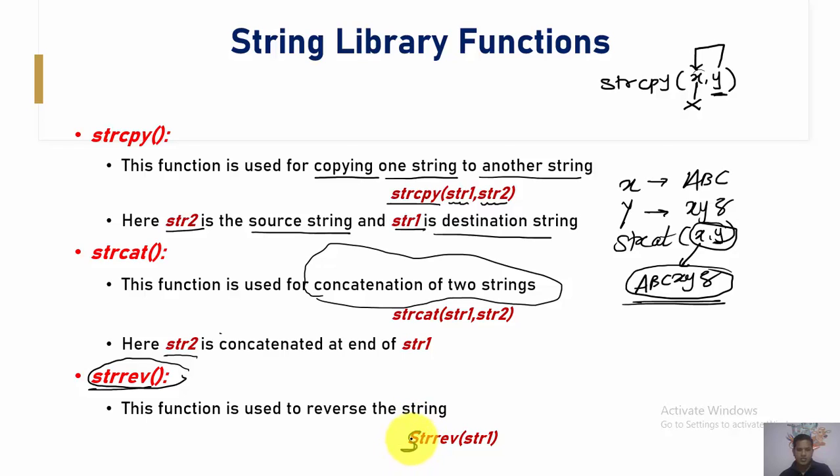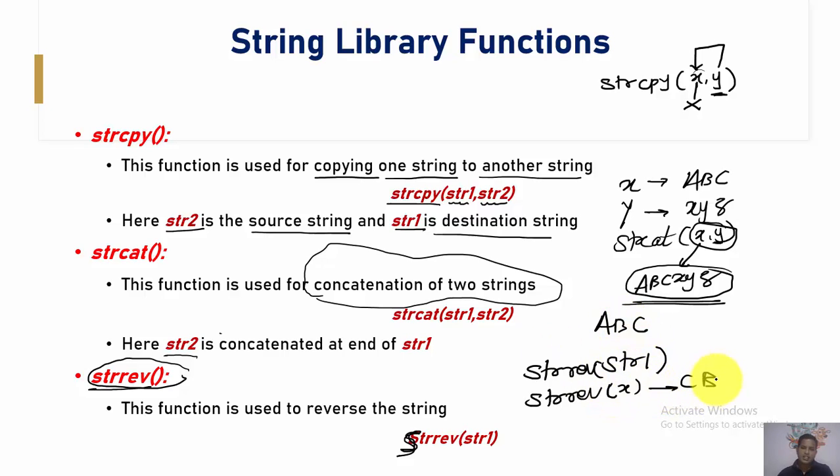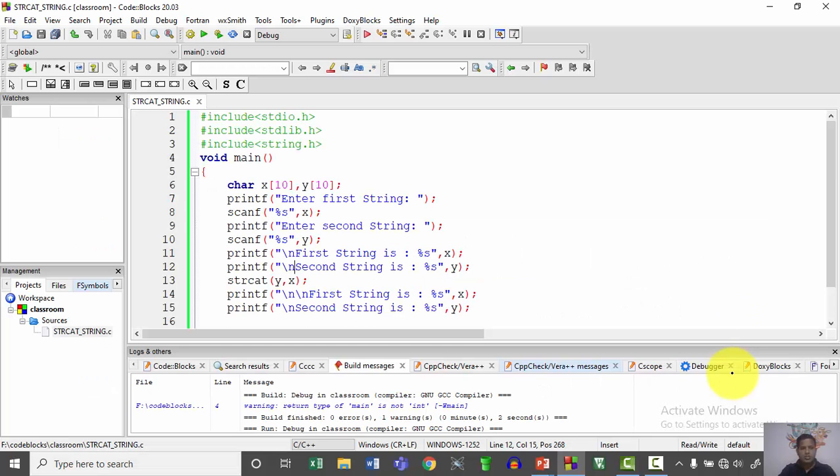The syntax is strrev in brackets str1. Suppose x is equal to abc, and if I write strrev in brackets x, whatever the contents are, they get reversed, right? So to reverse the given input string, the strrev function is used.